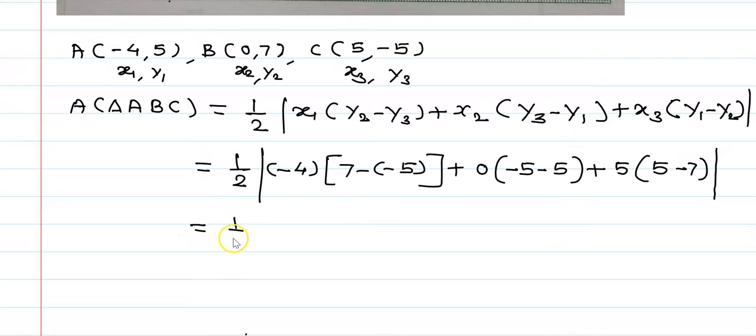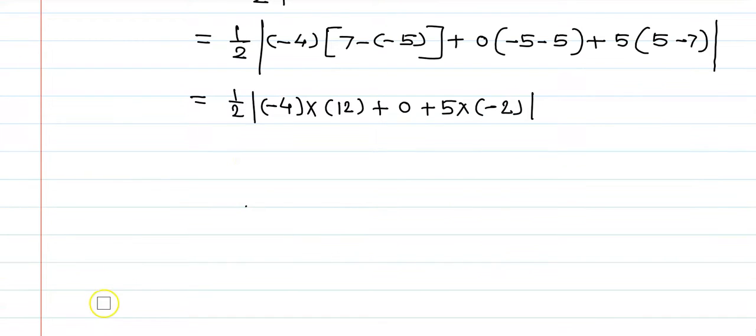That equals 1/2, -4 into 12, plus 0 into the bracket, then 5 into -2 minus 10.